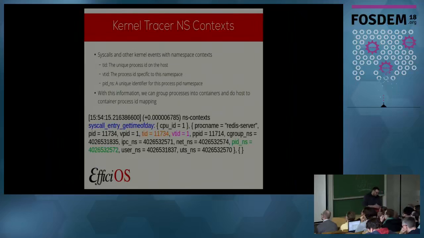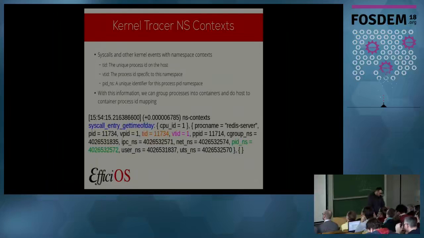For example, here I have the text view of a kernel event for a syscall, the getTime syscall. With these patches added with the namespaces I just talked about, we can see, for example, in green the PID-NS, which is the inode number of the namespace, because that's the only unique ID we can get in the kernel to differentiate one namespace from another.